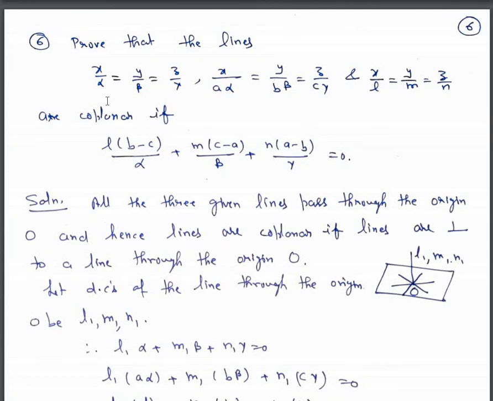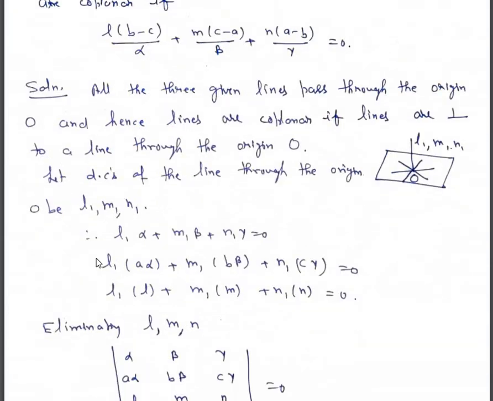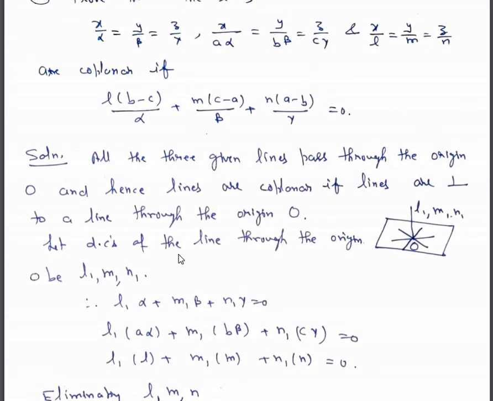The direction ratios of the first line are alpha, beta, gamma. So because these two lines are perpendicular, we have L1 alpha plus M1 beta plus N1 gamma is equal to 0. Similarly, L1 into a alpha plus M1 into b beta plus N1 into c gamma is equal to 0. And for the third line, L1 into l plus M1 into m plus N1 into n is equal to 0.